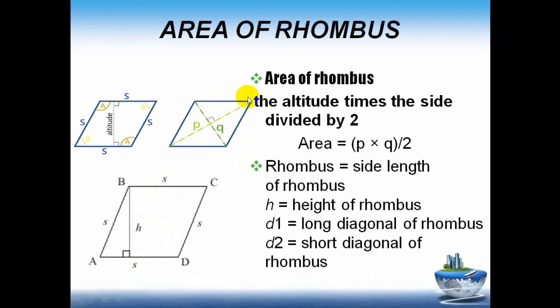So suppose this is D1 and this is D2, then the area of the rhombus will be equal to D1 multiplied by D2 divided by 2. Or if the length of the long diagonal is P and the length of the short diagonal is Q, then the area of the rhombus will be equal to P multiplied by Q divided by 2, or D1 multiplied by D2 divided by 2. So this is the area of a rhombus.